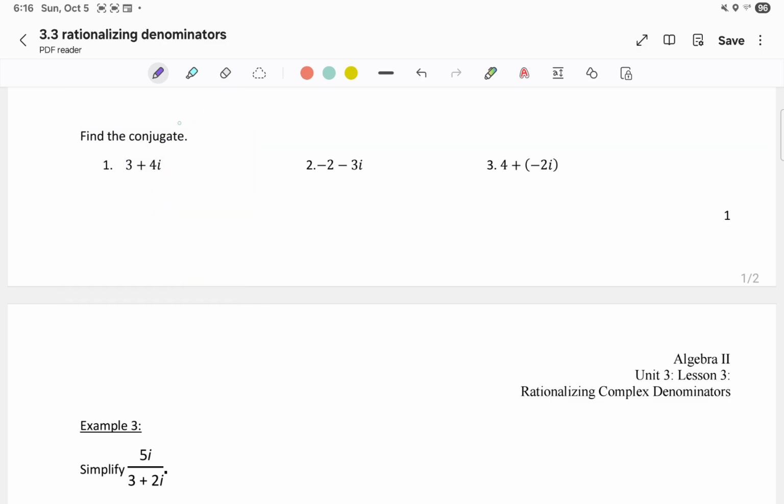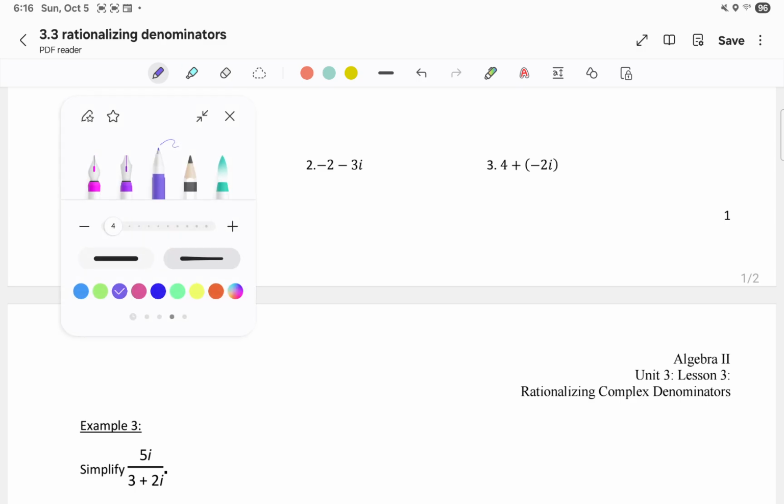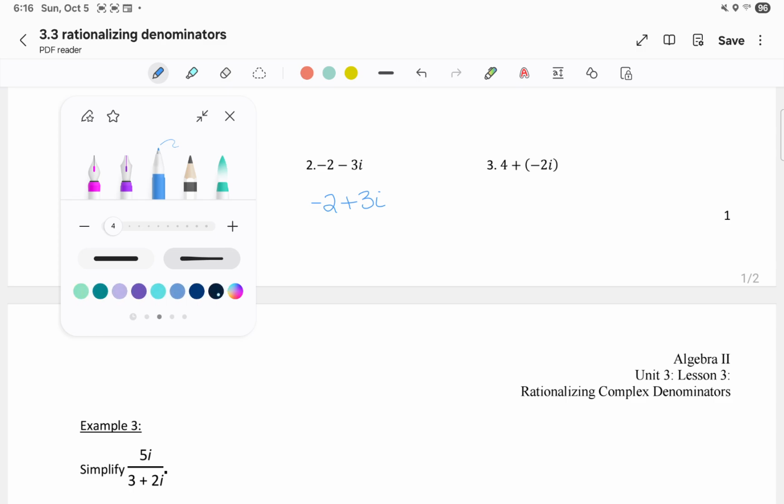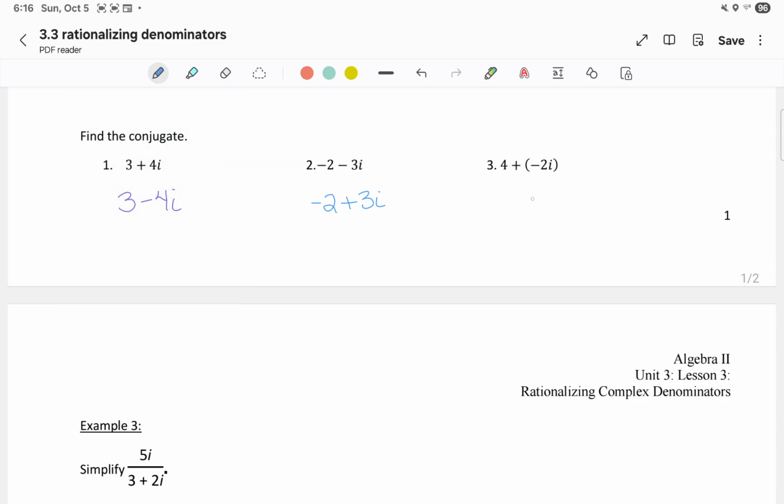So the conjugate of 3 plus 4i should be 3 minus 4i. And then with negative 2 minus 3i, that should be negative 2 plus 3i. And then 4 plus negative 2i, we can simplify this to 4 minus 2i. But then that conjugate is going to be 4 plus 2i.